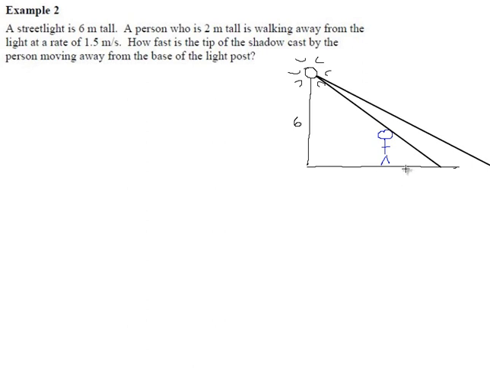You're moving, and your shadow always starts underneath your feet, but the tip of it also moves and stretches out, gets more elongated as you get further away from the light. So we have to combine those two effects to figure out the answer to this one, which is how fast is the tip of your shadow moving as you walk.